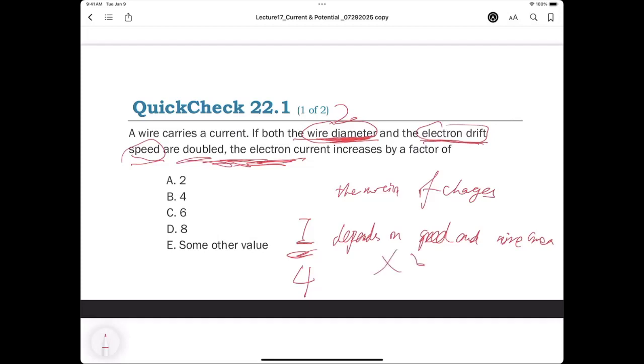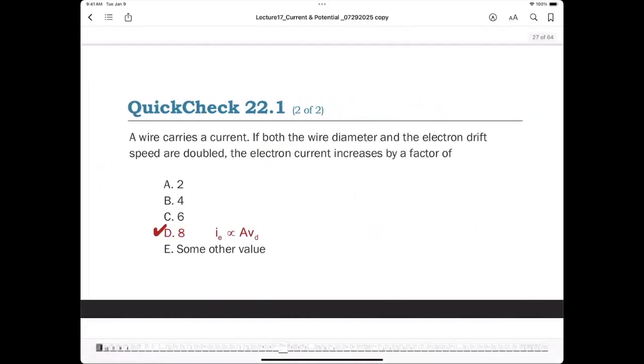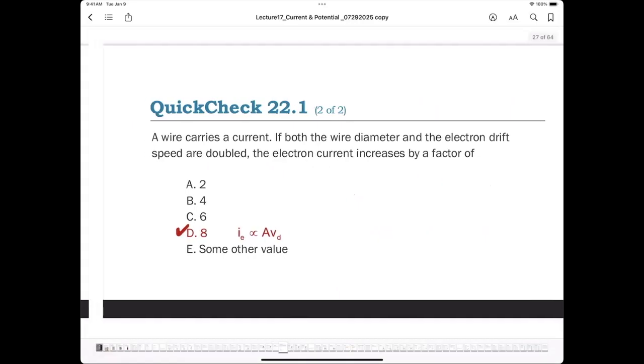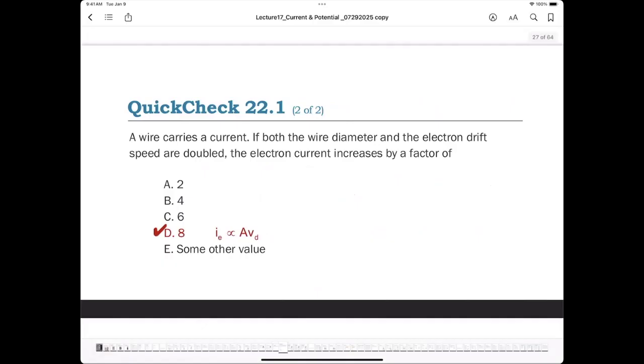Two times four is eight. So in this question, the answer should be eight. You just remember that the current depends on the wire diameter and the electron speed. We will talk about the details in the next class.